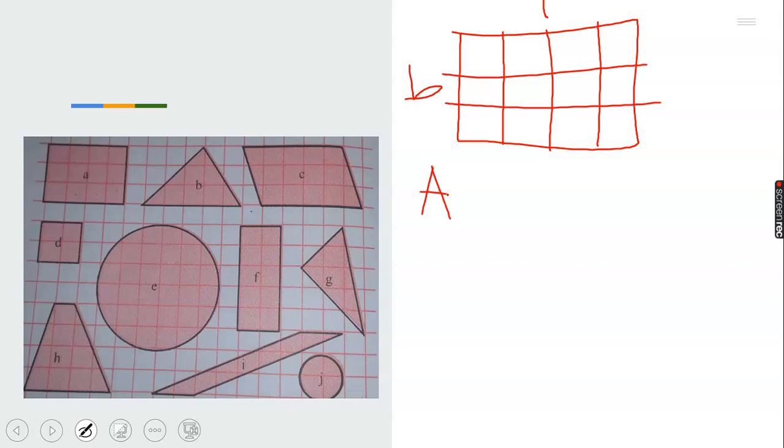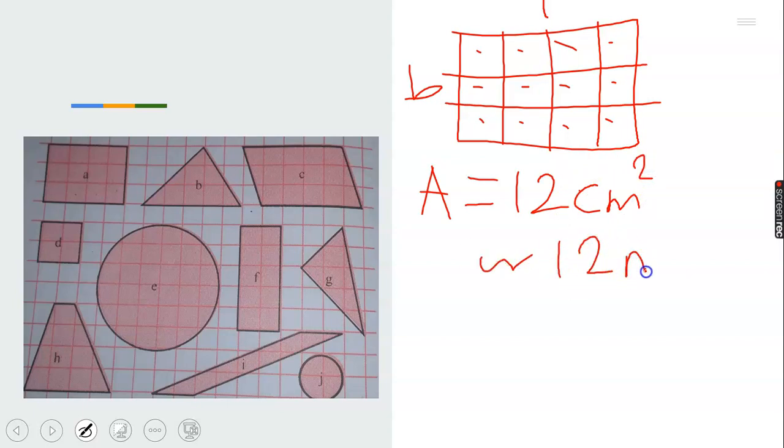Now, let's count together: 1, 2, 3, 4, 5, 6, 7, 8, 9, 10, 11, 12. That means our area equals 12 centimeters square or 12 meters square, depending on the unit you are using.